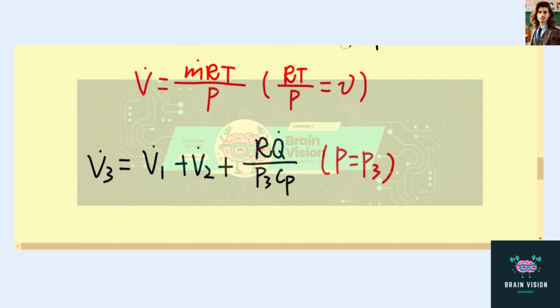You can just leave P as P, it's fine. So this is the expression for V3 dot, the volume flow rate for the mixture.